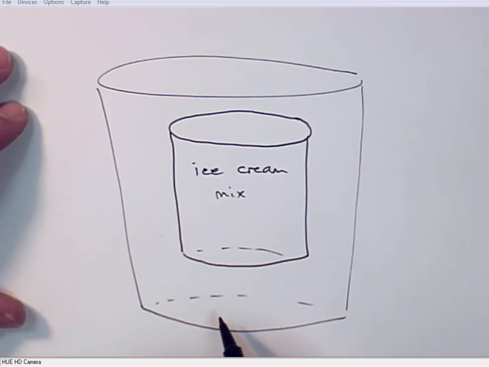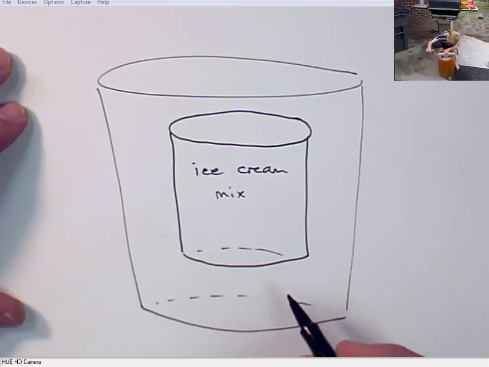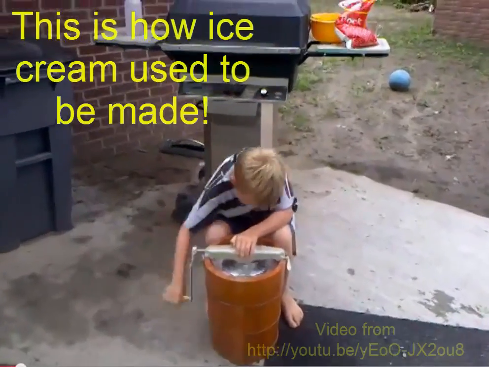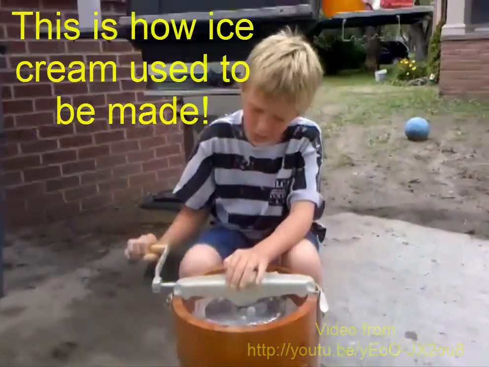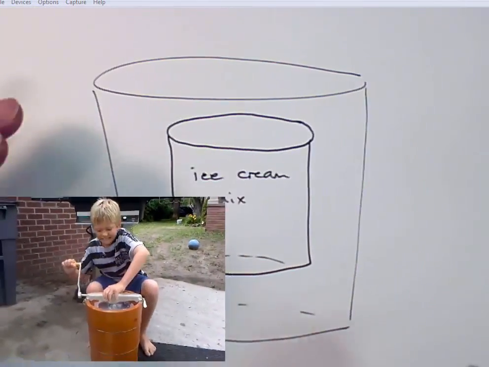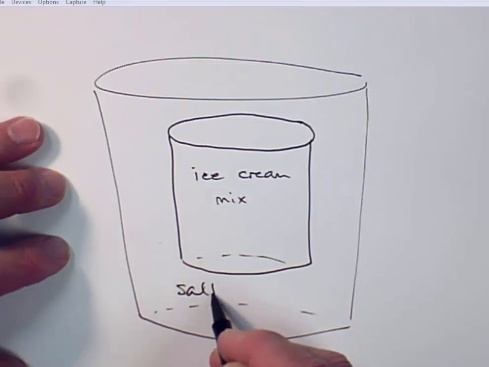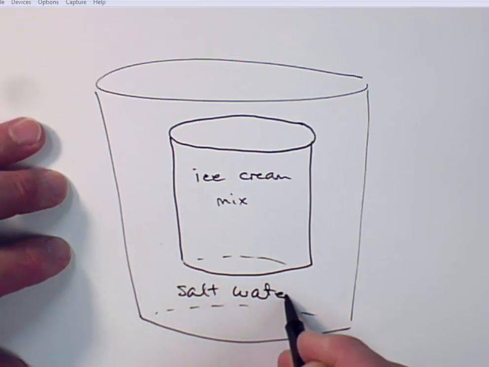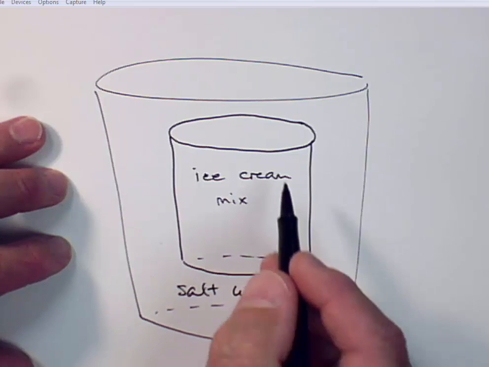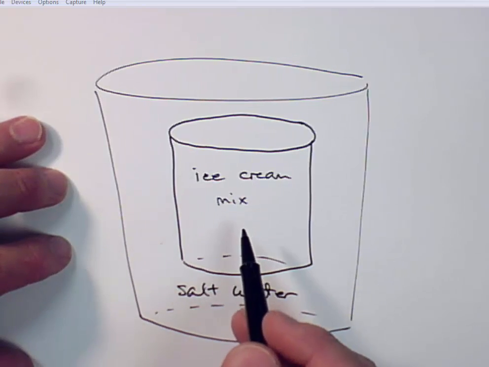The outer container contains ice, rock salt, water, and a mixture of salt and water. For our example, to simplify things, we're just going to say that we have just salt water solution in the outer container. The ice cream mix starts out as a liquid.